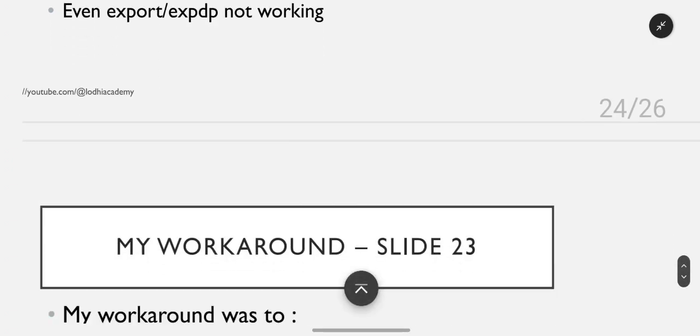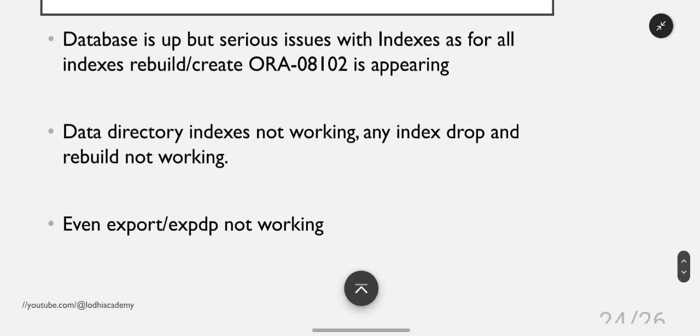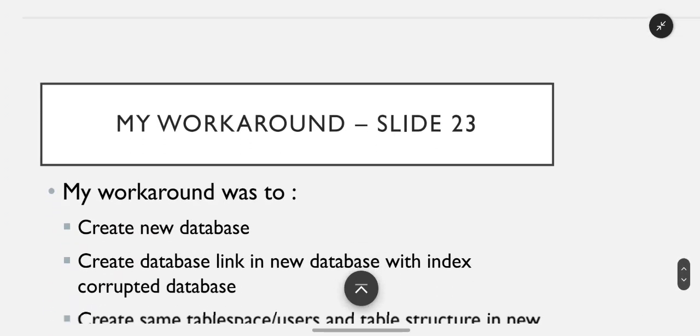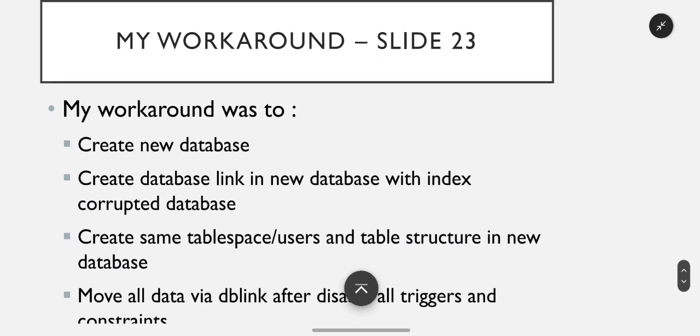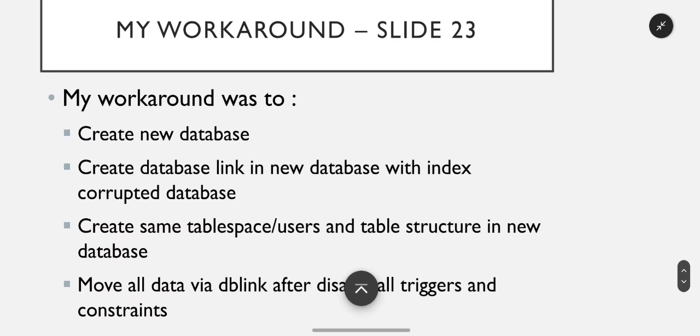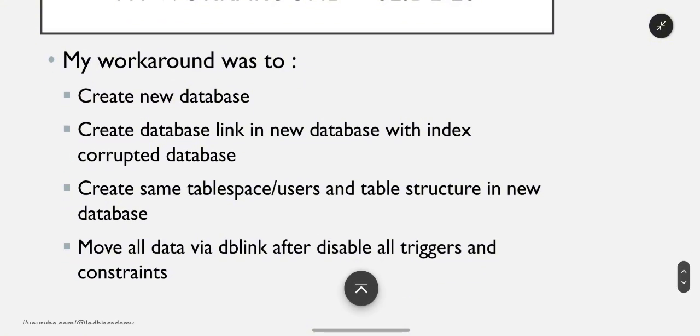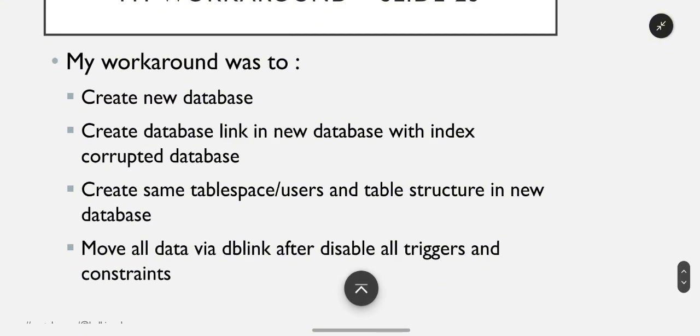It is showing the same error, which is ORA-08102. So the workaround was, because I can access the data, I created a new database and created a database link in the new database to the damaged database which has the problem with indexes. Then I created the same tablespaces, users and table structure in the new database.